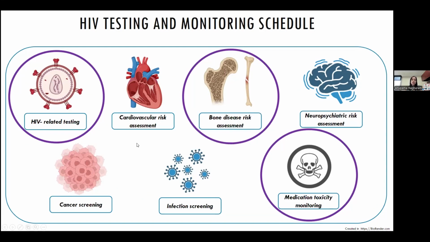Okay, there are other things. You're going to be checking your HIV positive patients for hyperlipidemia and cardiovascular risk. You're going to look at neuropsychiatric, other opportunistic infection screening and cancer screening, but that is a lot of detail. So we'll focus on these three that I have in the purple circles there.